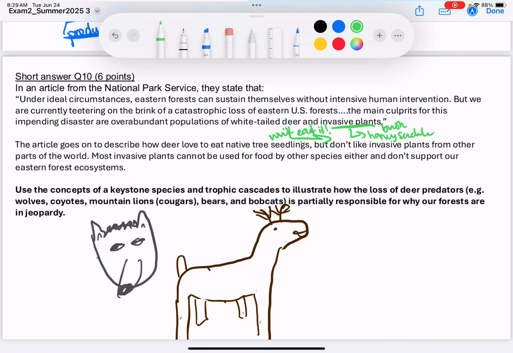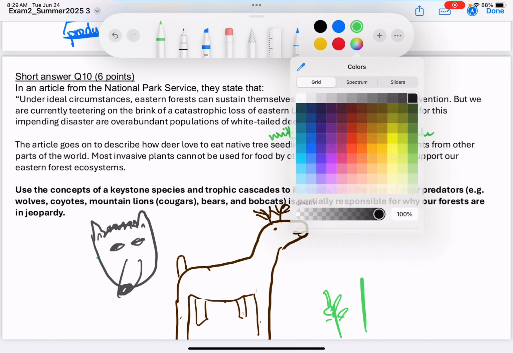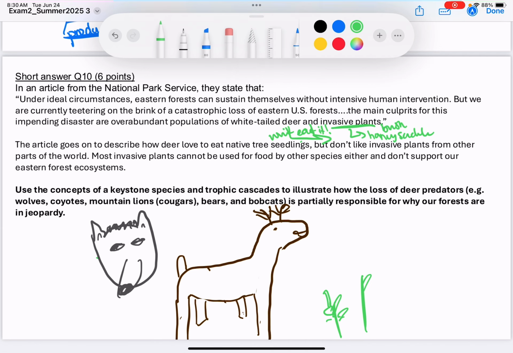And I've got these trees growing, and I've got little baby trees that are native, right? They're trying to grow, and then I've got these bush honeysuckles, or whatever. There's other species too that are causing trouble, okay?